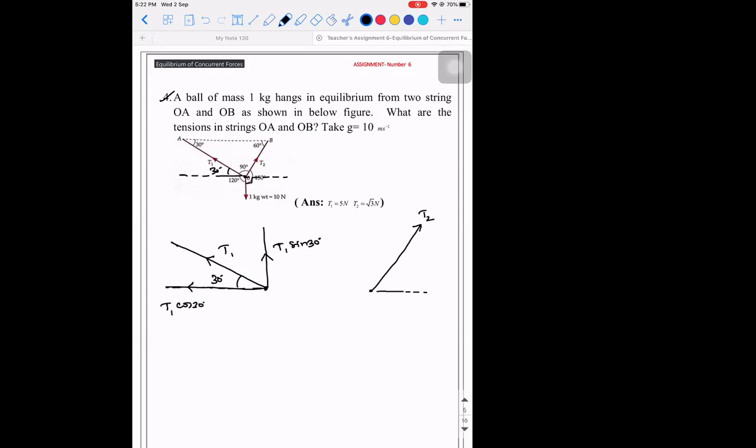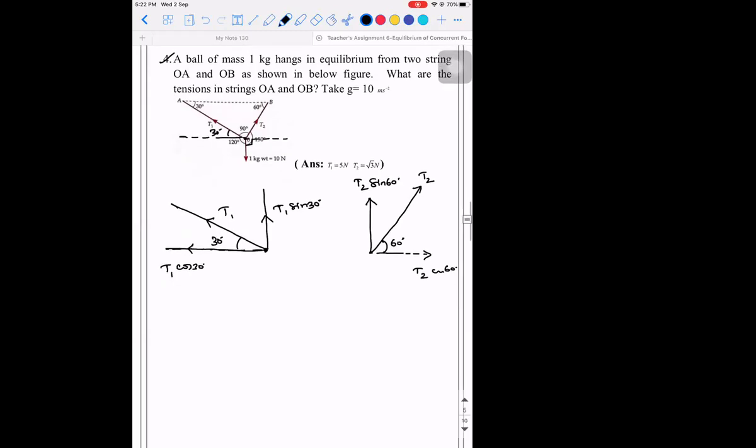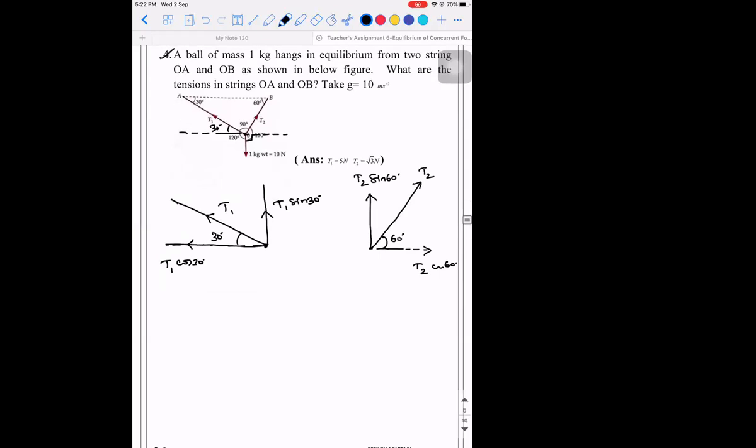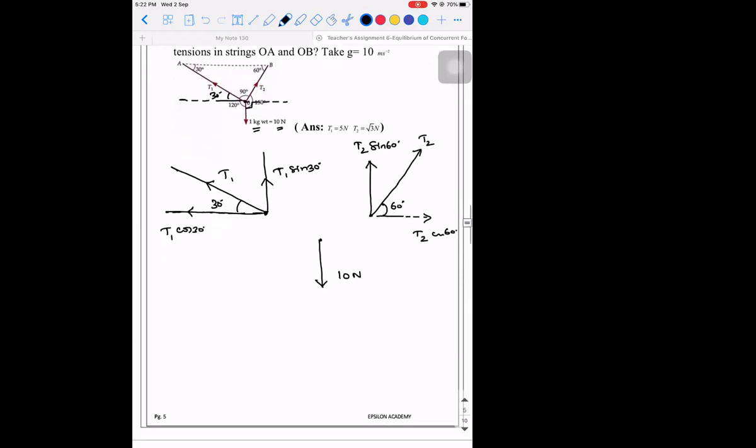This is 60 degrees. This will be T2 cos 60, and this will be T2 sin 60. Right. Now, what is the only force that is acting in the downward direction? 10 Newton. I told you, 1 kilogram weight is 10 Newton.